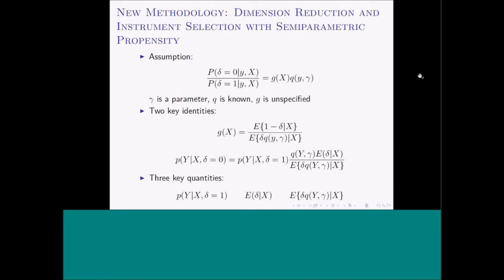That is not a propensity, because the propensity has a y. This one you simply integrate out the y, and it's some kind of function of x. The third quantity is the conditional expectation of delta times this Q function given x.